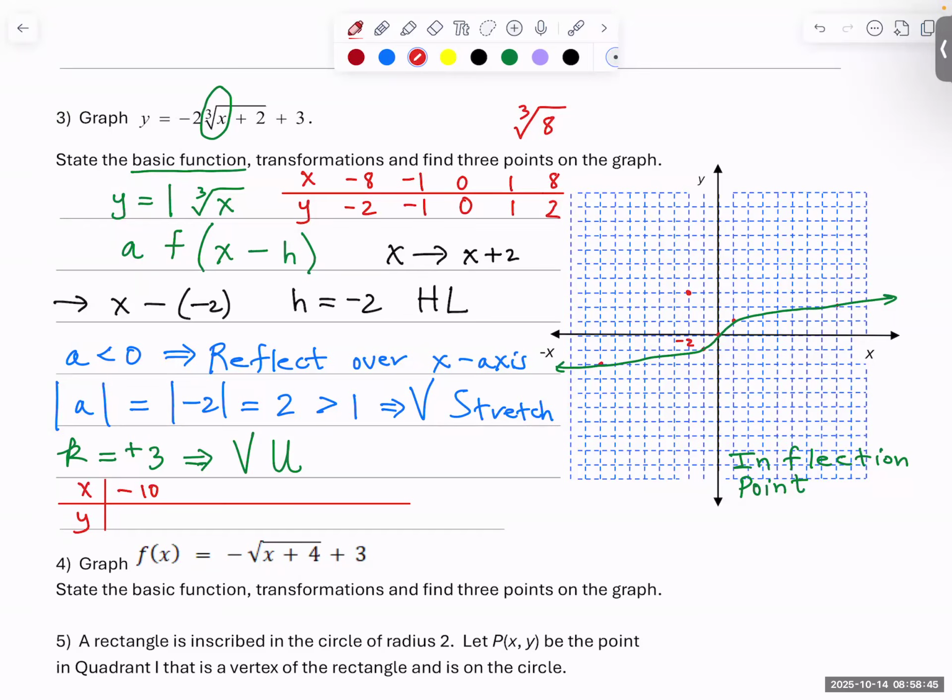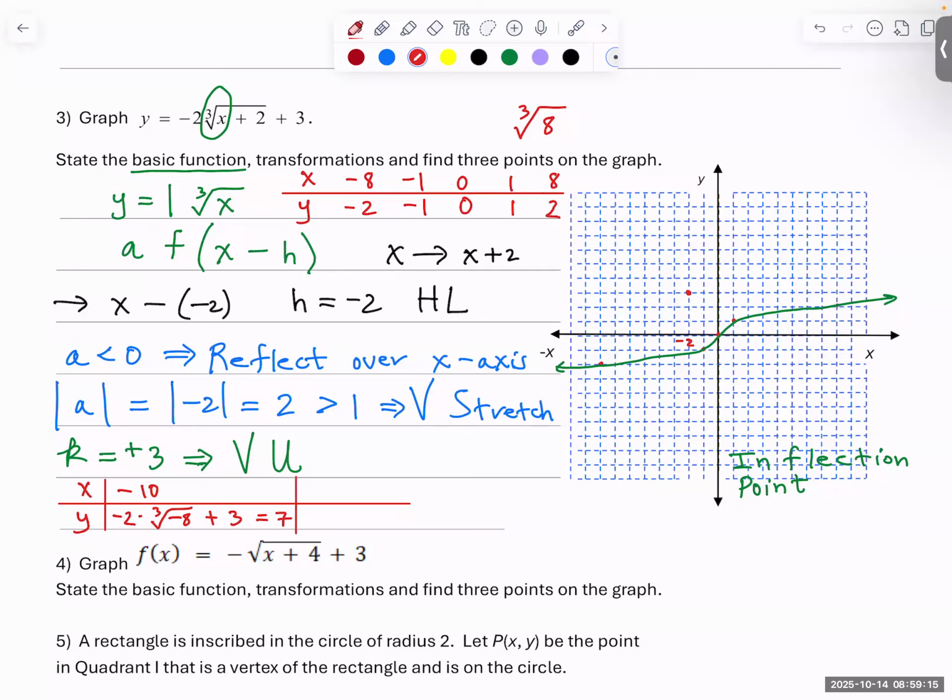So we're going to have negative 2 times the cube root of negative 8, because negative 10 plus 2 is negative 8, and then add 3. So that's negative 2 times negative 2 is positive 4, plus 3 is equal to 7.